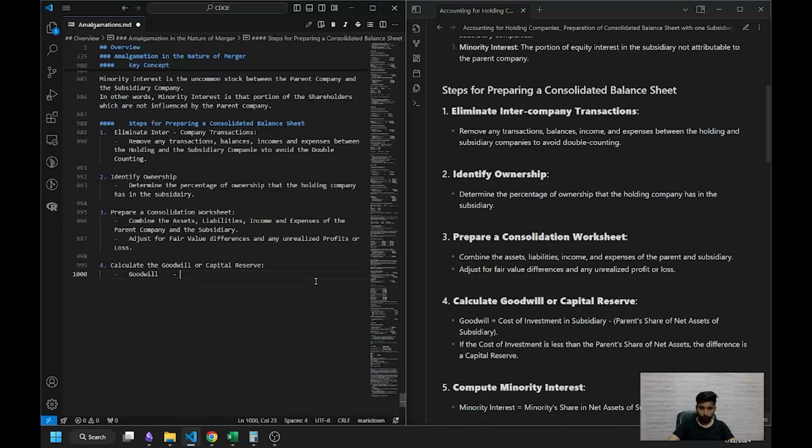Goodwill is equal to the cost of investment in subsidiary minus the parent's share of net assets in subsidiary.